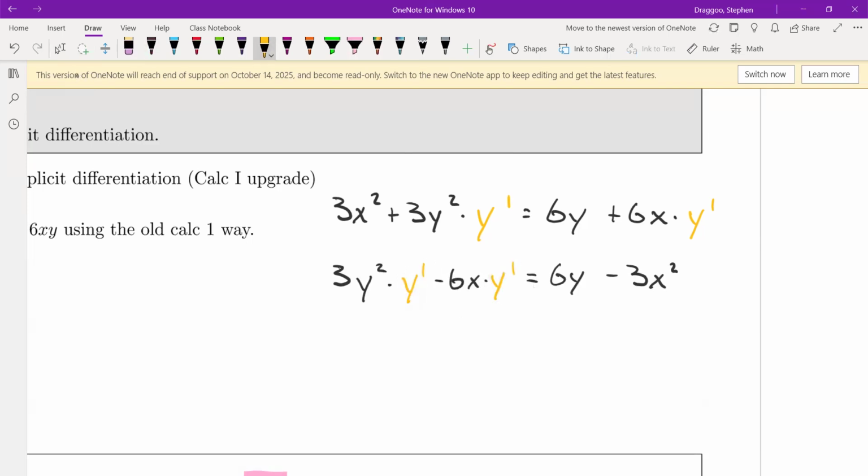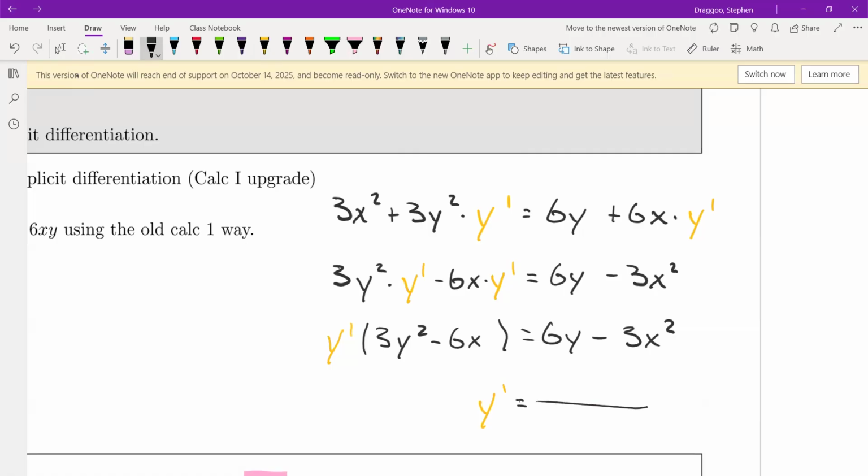Now that I got all of my y primes on one side, I'll just factor it out, leaving a 3y squared minus 6x behind, and it's equal to 6y minus 3x squared on the right side. The final step to get y prime by itself is to divide both sides by everything that isn't y prime. So that's 3y squared minus 6x.